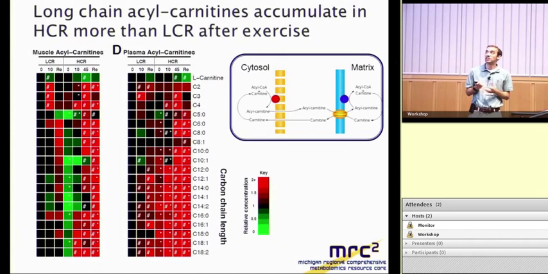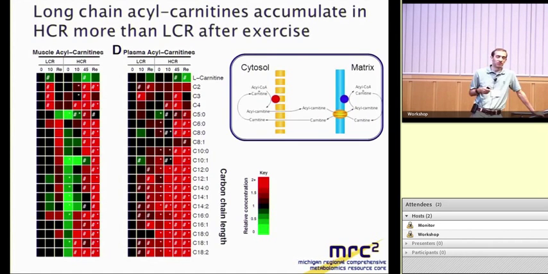So this is what we see. In the LCR rats, we actually don't see much elevation. We see slight elevation of the acylcarnitines at 10 minutes. In the HCRs, however, in the plasma, when you go out to the extended periods of time, at 45 minutes, we see substantial elevation of the plasma acylcarnitines.